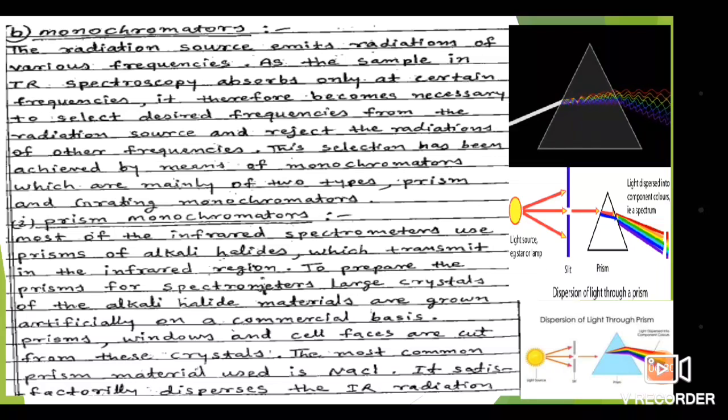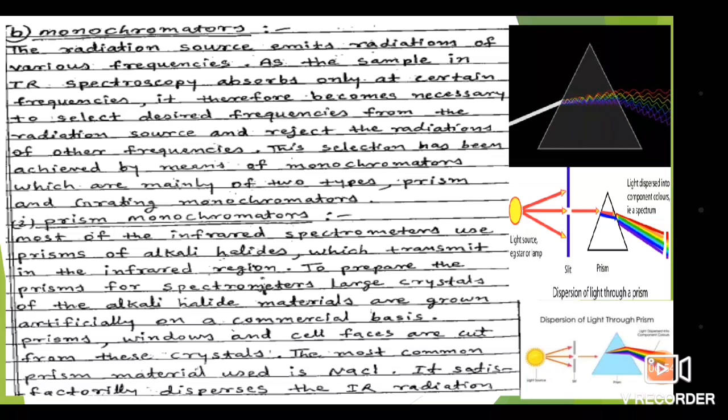So what is the requirement for the prism? The prism is used in infrared radiation for getting monochromatic light, in the instruments used for IR spectra.